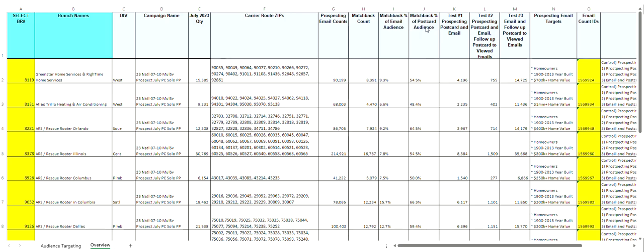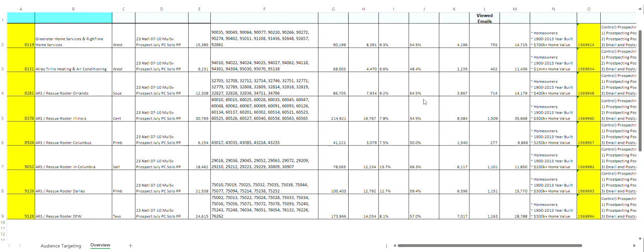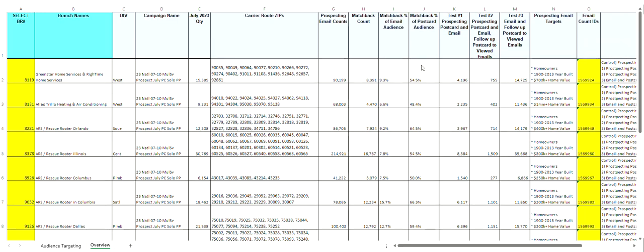The share of postcards we were able to match back to an email was over 50% on just about all of them, with the lowest being 48%. So we're getting that 50 to 60% match back, a tighter number that we could also use to extrapolate to other branches as we look at possible funding.